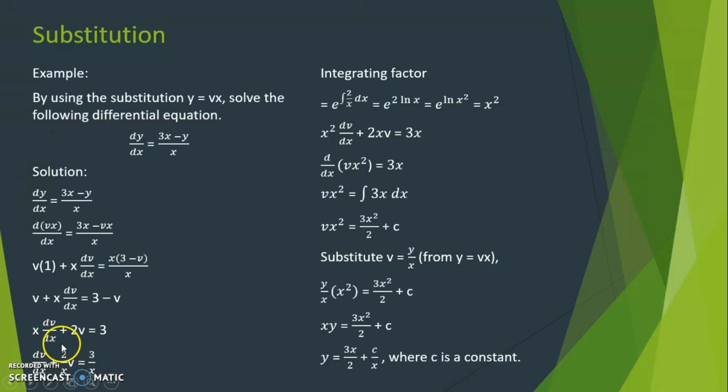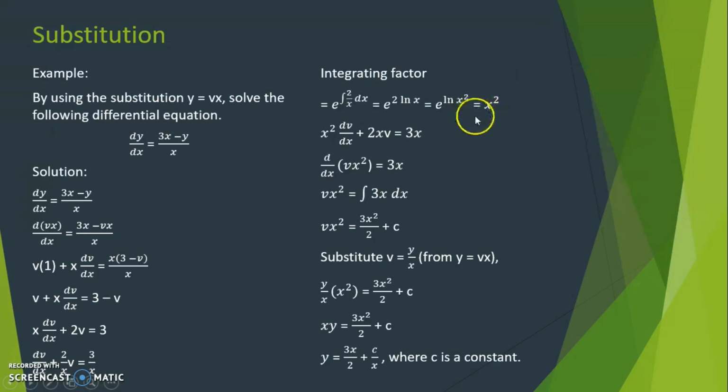From here we know that p(x) is equal to 2/x. So we use the integrating factor method, which is e to the power of the integral of 2/x dx, equal to e^(2 ln x), which is e^(ln x^2), also equal to x^2.